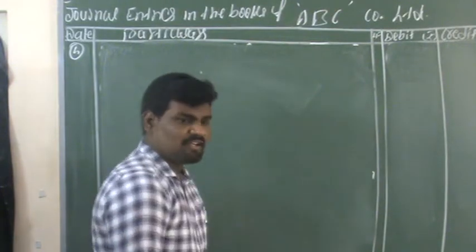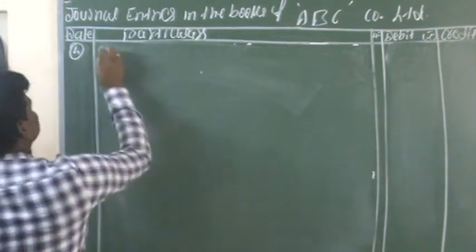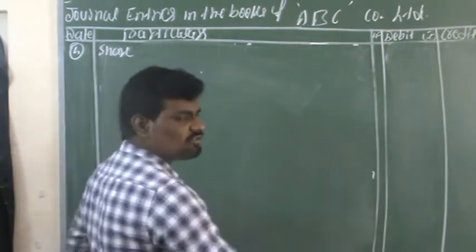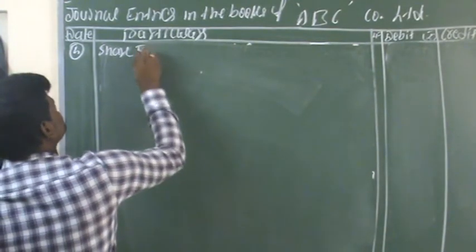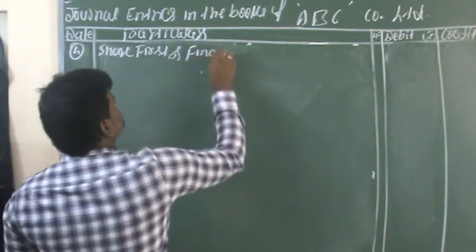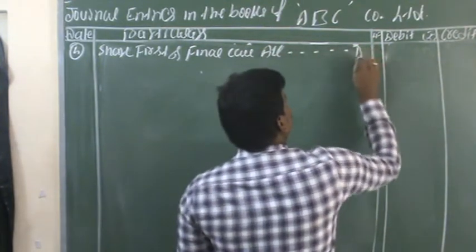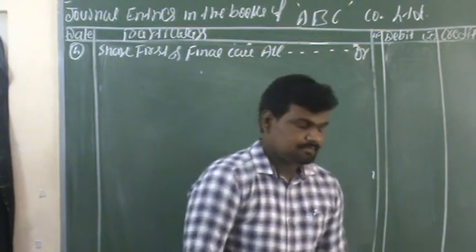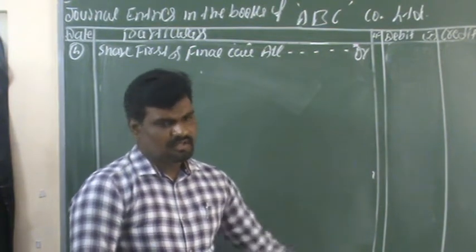For the fifth entry, first and final call money due. For the first and final call money due, the entry is share first and final call account debit to share capital account. At the time of the first and final call, the total shares are 9,000.